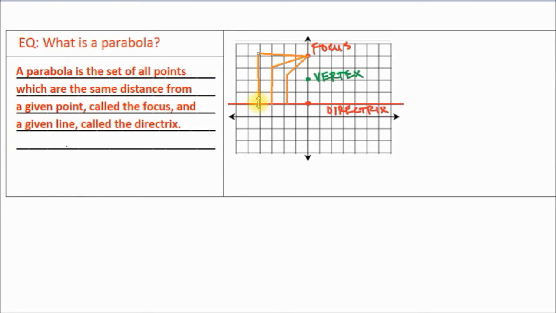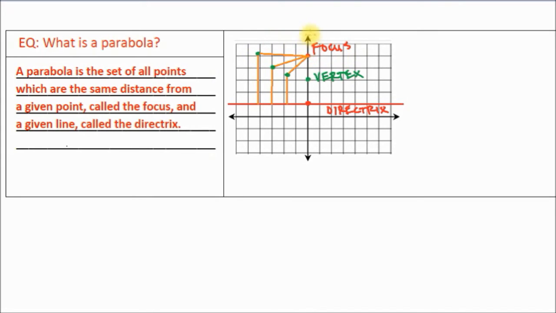Again, we're just taking a guess here. If you actually mathematically figured out points that are the same distance from the focus and directrix, you'll come up with points that look like this pattern right here. There's a point, there's our point, there's our point.